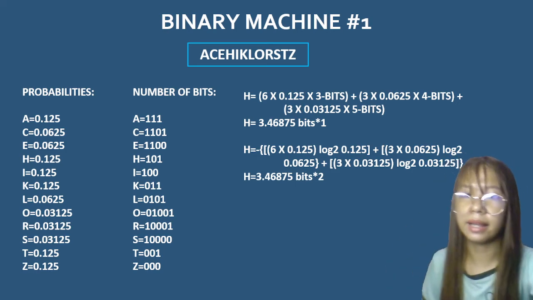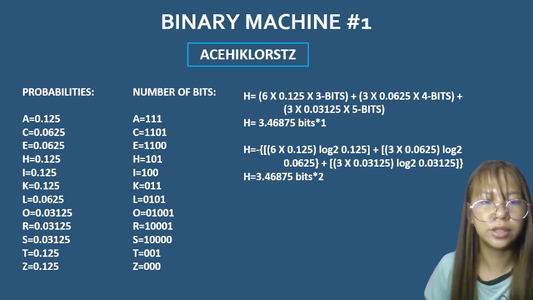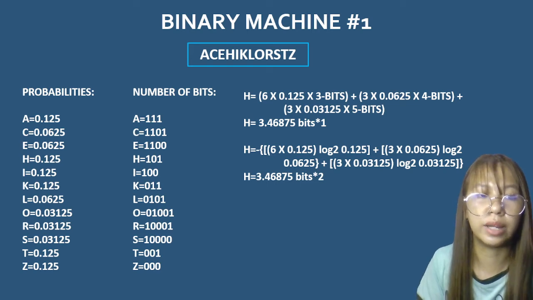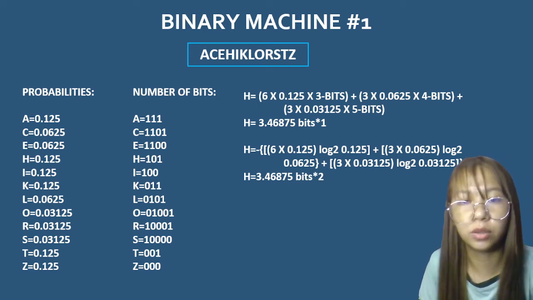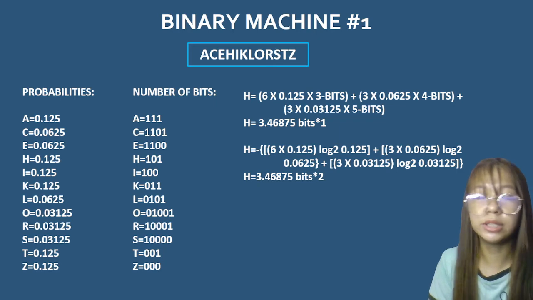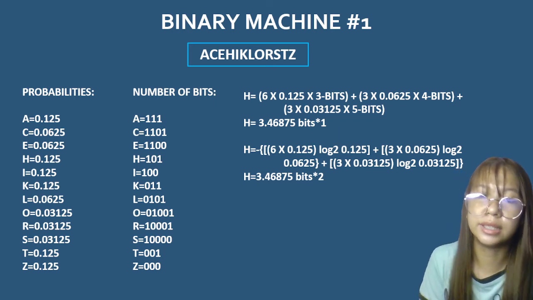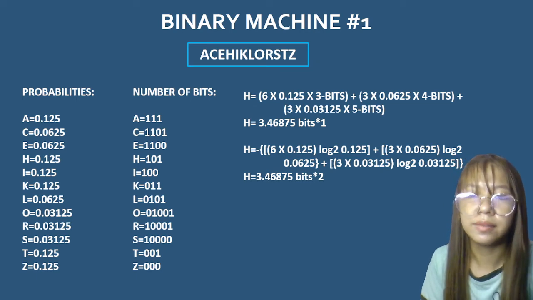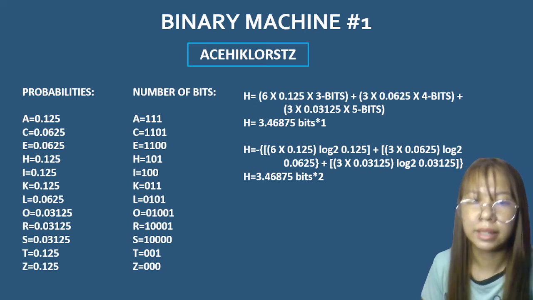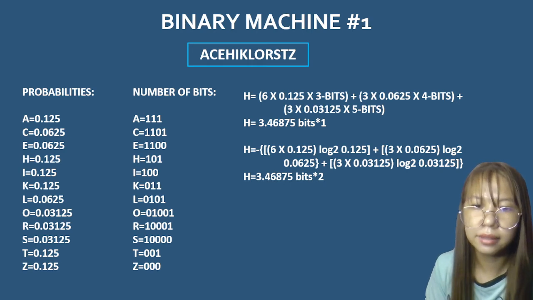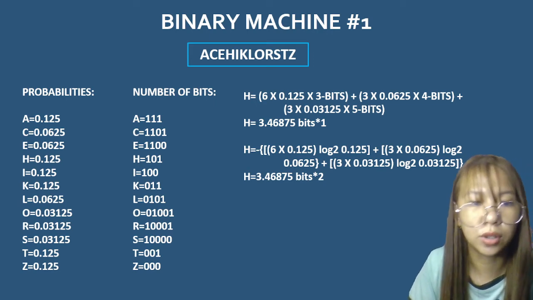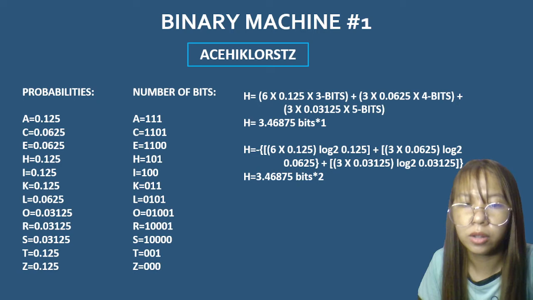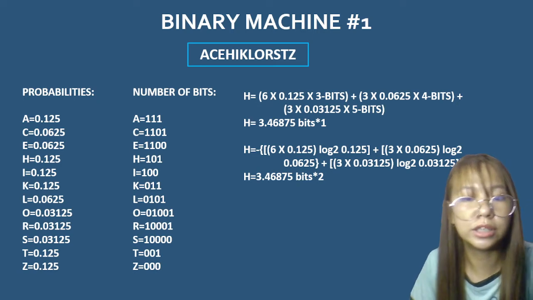And also in the other letters, in letter C, there's 0.0625, which is equal to 4 bits. But we are going to discuss the probability first. So A is equal to 0.125, C is equal to 0.0625, E is the same as letter C, then H, I, K, T, Z are the same as A, and C, E, L are equal to 0.0625, and also O, R, S are equal to 0.03125.